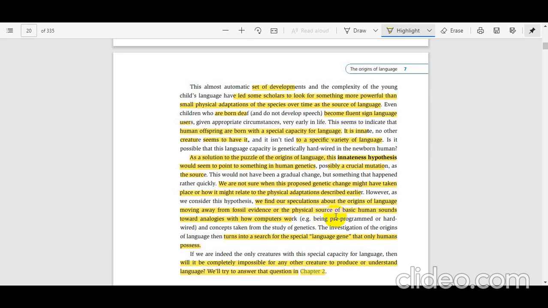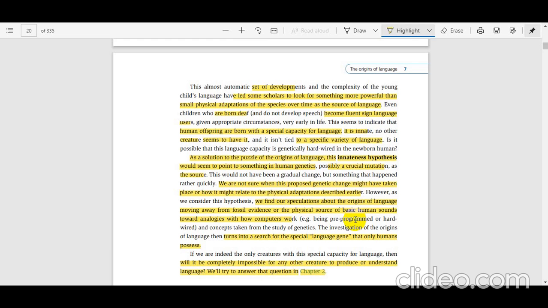It means the pre-program. The innateness hypothesis means what? That we are pre-programmed to use, or to produce language. Now, this is exactly identical to the computers.